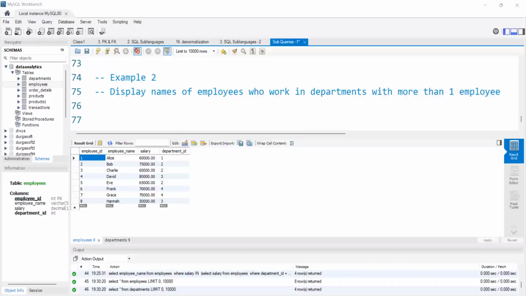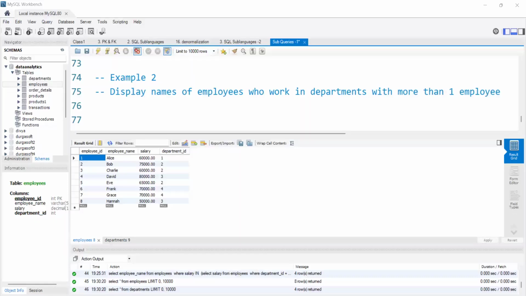Let's see first what I need to do. Display names of employees who work in departments. First I need to find the number of employees in each department, correct? At the end of the day, we want to know how many employees work in each department. If we have more than one employee, we need to display that employee's details only.